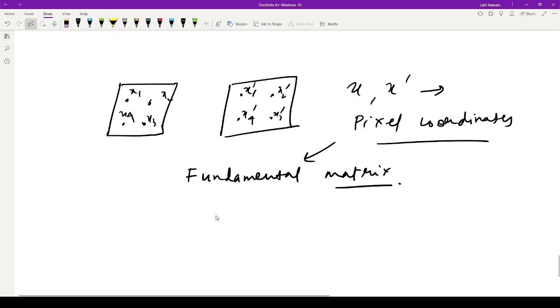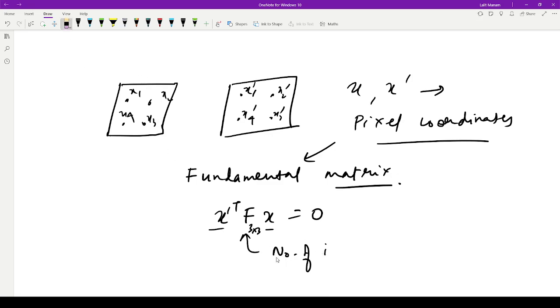If you remember, x prime transpose F x equals 0. So given this, you have to get the fundamental matrix. What is the dimension of the fundamental matrix? It is 3 cross 3. The number of parameters is 9, but up to scale, what is the degree of freedom?